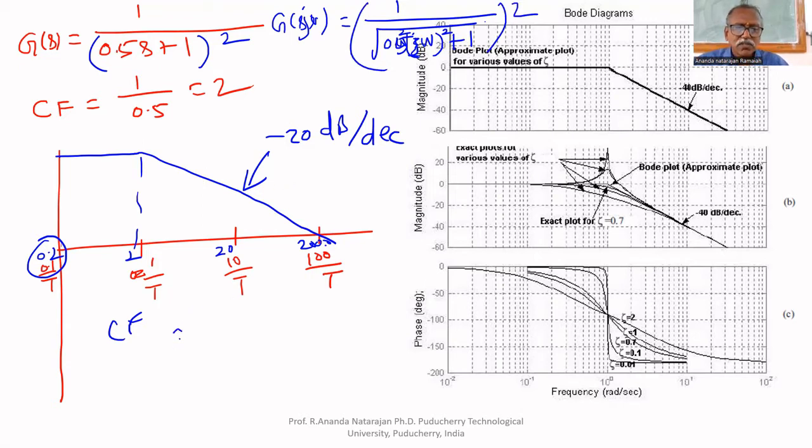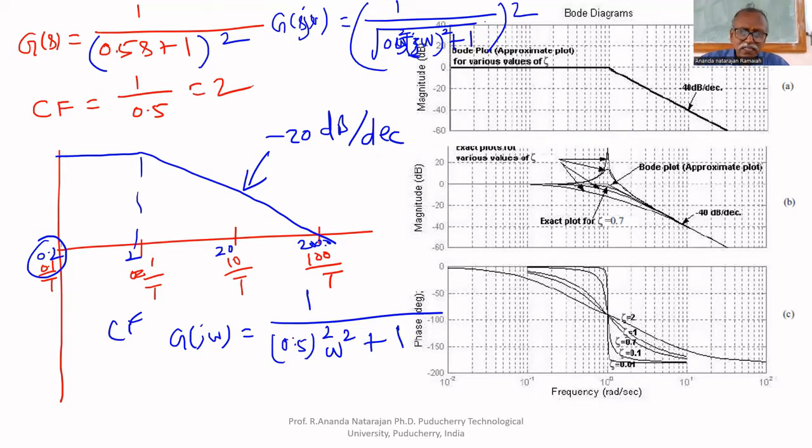That is, G of j omega equal to 1 by 0.5 square omega square plus 1. So the modulus squared gives 1 by tau square omega square plus 1, generally, assuming 0.5 is tau.